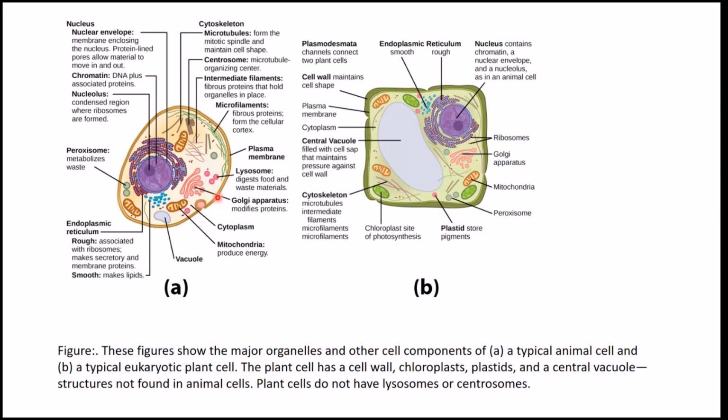This one is an animal cell where you see the nucleus and all that, the cytoskeleton, the microtubules and their function and description. The nucleus is the region where ribosomes are formed, peroxisomes metabolize waste, and the endoplasmic reticulum, the rough one is associated with ribosomes, which make secretory and membrane proteins, the smooth one makes lipids, and also here plastids which store pigments, and chloroplasts for photosynthesis. The cytoskeleton in the plant cell has microtubules, intermediate filaments, and flagella, and also the nucleus, which contains chromatin, a nuclear envelope, and a nucleolus, and it is also in the animal cell.